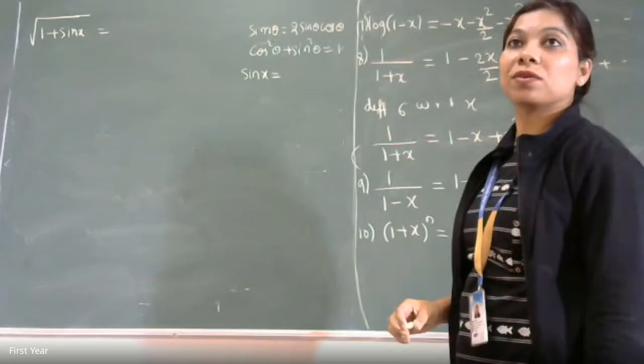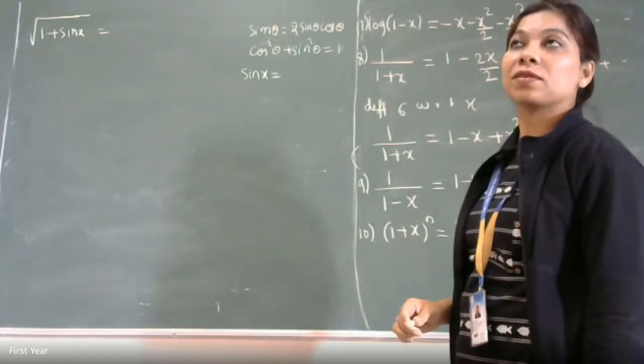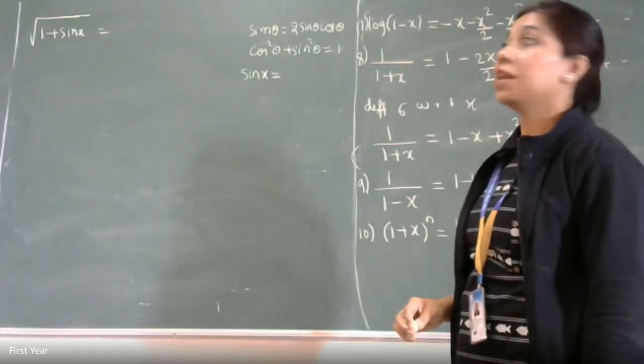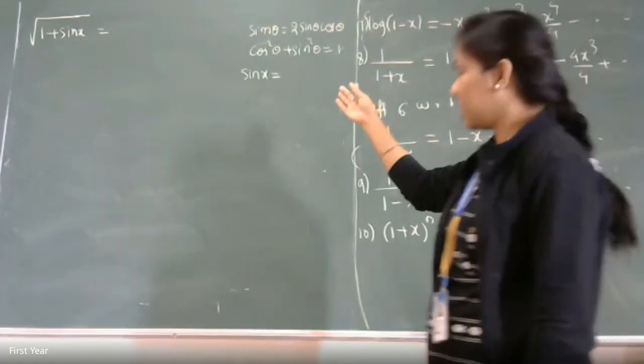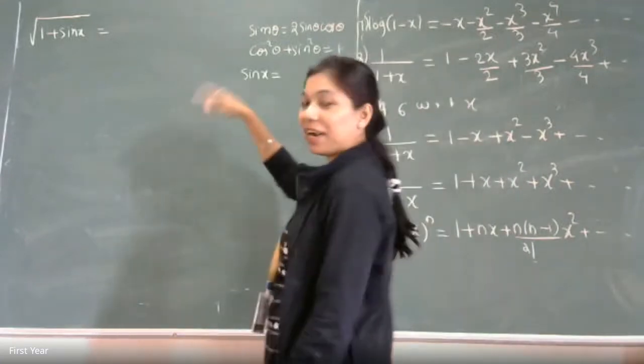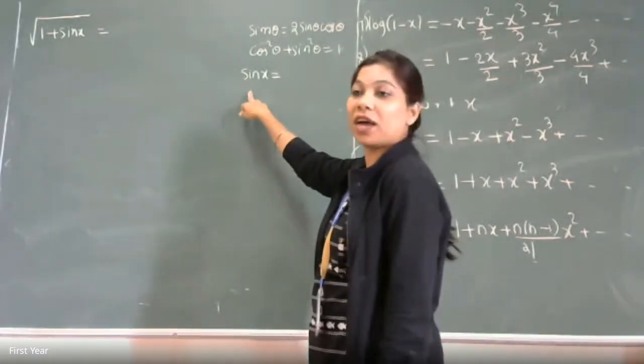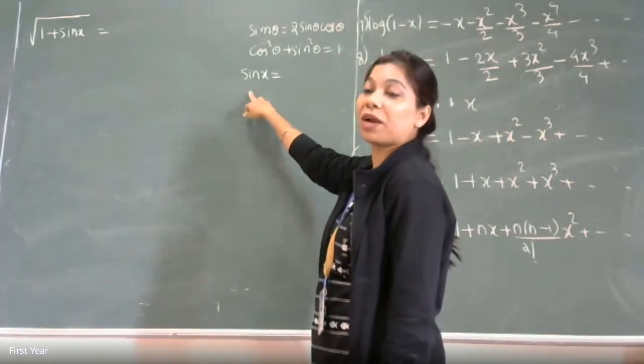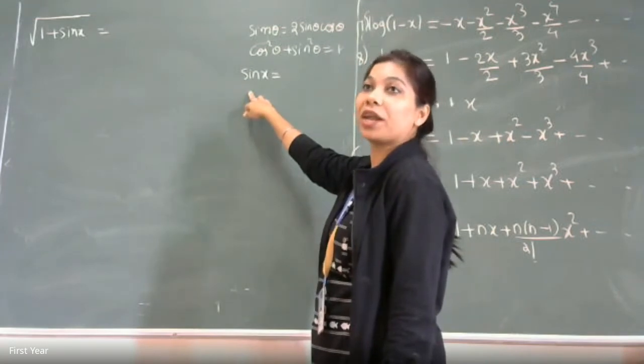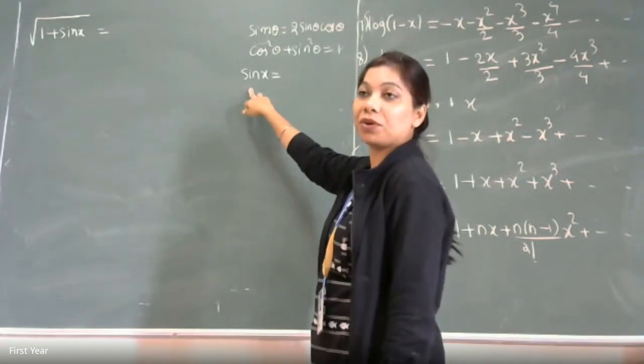I didn't get it. It is sin x by 2 plus cos x by 2 the whole square, and then that square and root will go. That's why I am doing it.